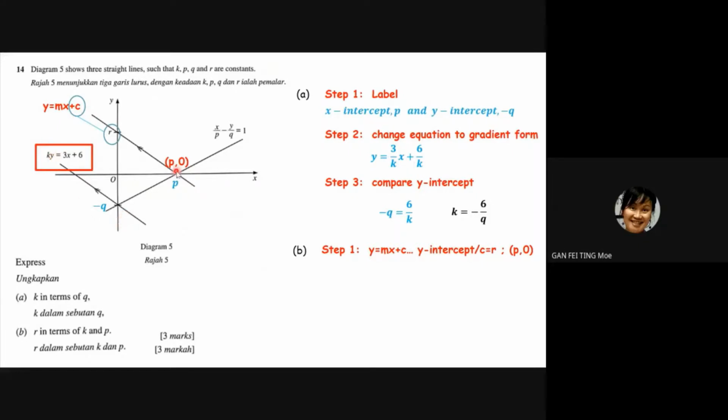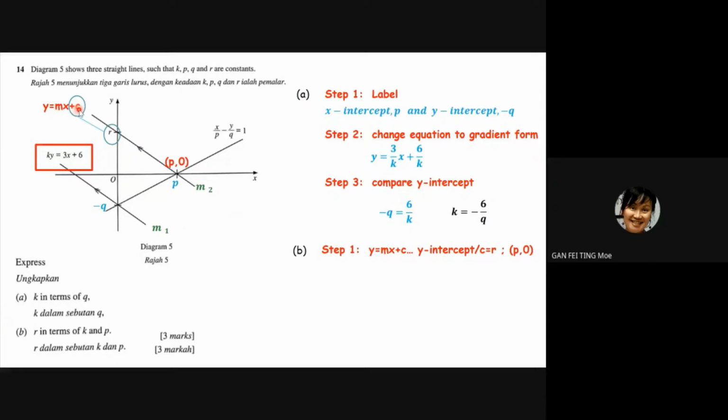So how do you get this connected? These lines are connected by the M. That's what you said just now, parallel. So what is the gradient for this line? Look up here. What's the gradient? Who can tell me what's the gradient? 3 over K. So for this equation, I may write it as y equals to 3 over kx plus r.